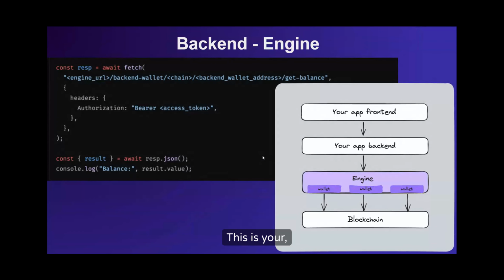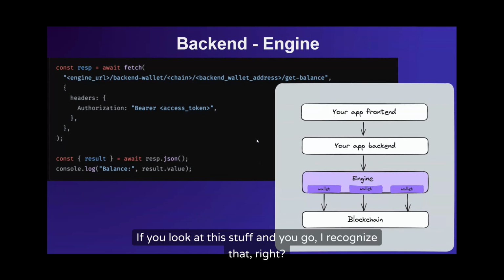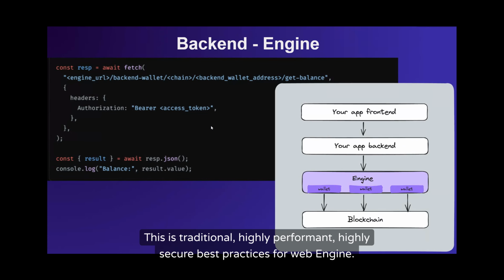If I know how to make an API call, I know how to transact on the blockchain. Very simple. If you look at this and you go, oh, I recognize that, I know that's an endpoint URL, I know headers, I know I'm going to get a response on that. This is traditional, highly performant, highly secure best practices, Thirdweb Engine.